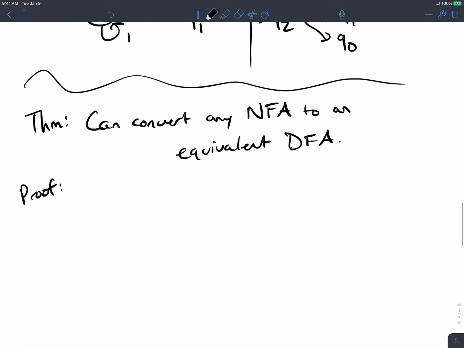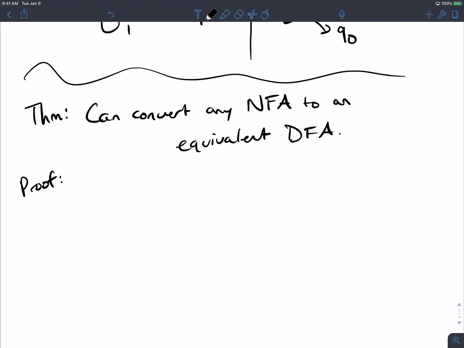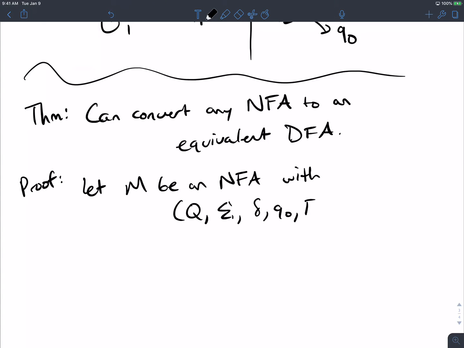Cool. So let's consider an NFA. Let M be an NFA with Q, sigma, delta, Q0, F: states Q, input alphabet, transition, start state, final states.